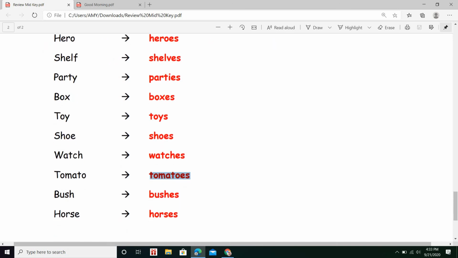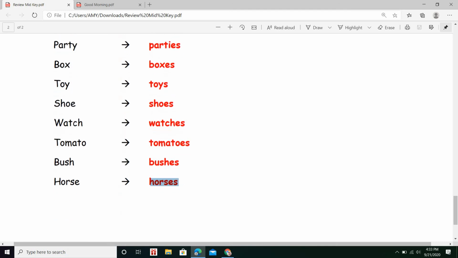And then bush. It ends with SH. So we simply put ES. It becomes bushes. And then the last, horse. This is the name of an animal. We simply add S for the plural form. So the plural form of horse is horses.